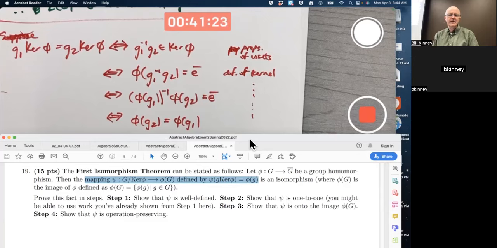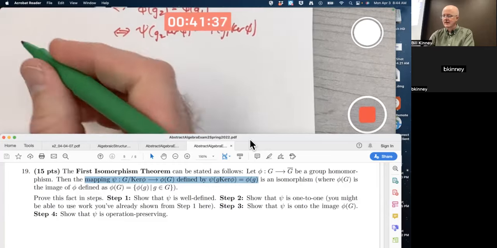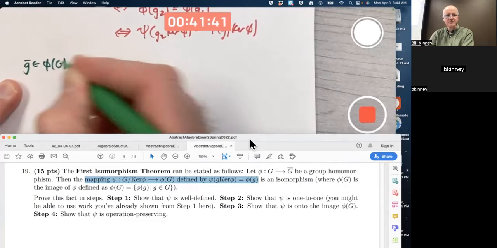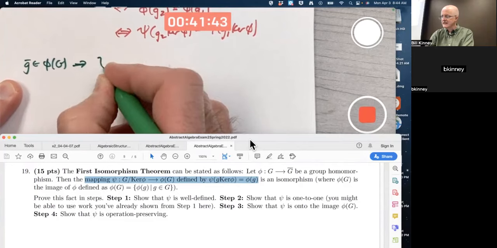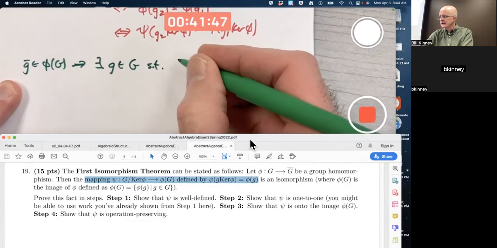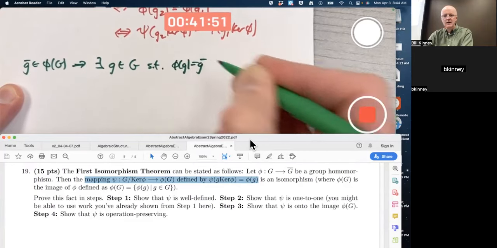Okay, step 3, show psi is onto the image phi of G. Give me an arbitrary element of the image phi of G. Call it g bar. That implies there exists a little g in G such that phi of g equals g bar.